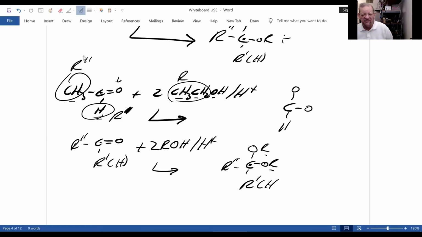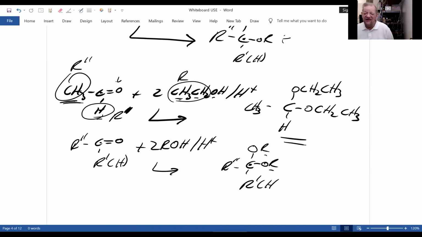My R prime is hydrogen. My R double prime is methyl. And my R group, let me move myself out of the picture here. And that's my R group. And this is the molecule I made.